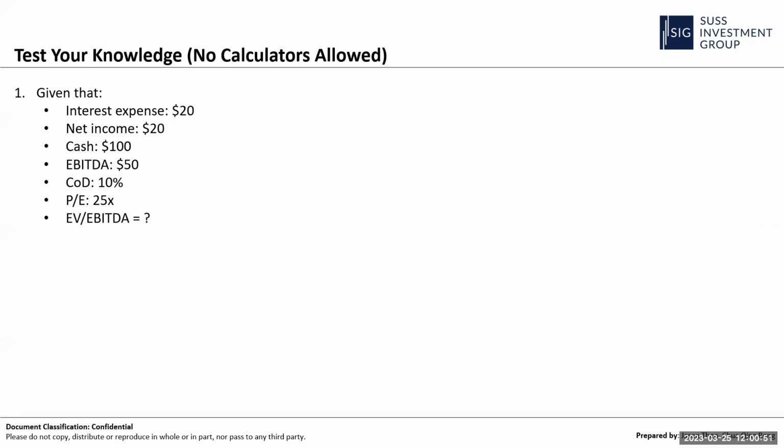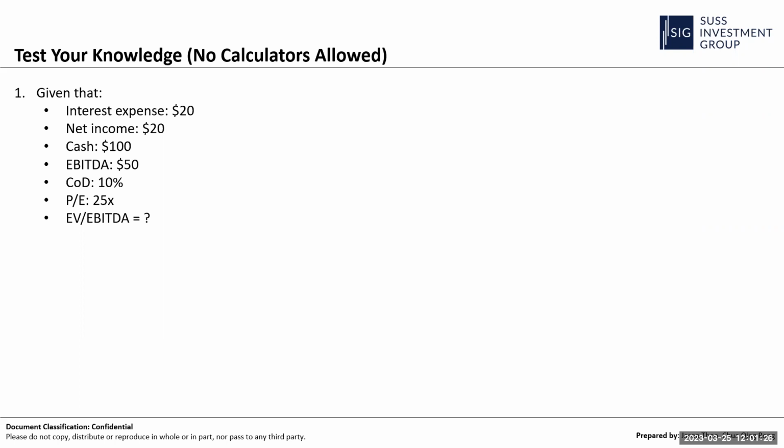EV/EBITDA. Okay, so that's how you derive your EV/EBITDA of 12 times given the above variables. Firstly, you need to figure out what variables you need to get to your EV/EBITDA. Fundamentally, you get your EBITDA value and your EV value. EBITDA is given as $50. So you need to ask yourself next, how to get to enterprise value. You see there's net income and there's PE, so from that you can get your equity value or your market cap.